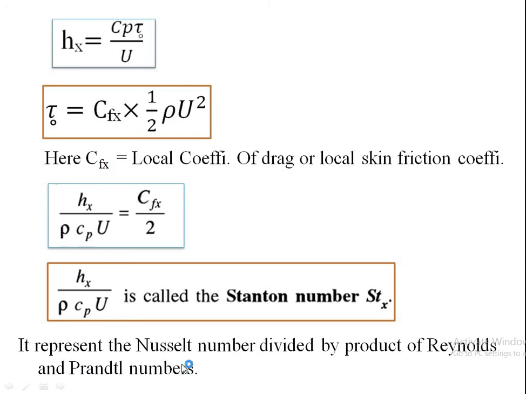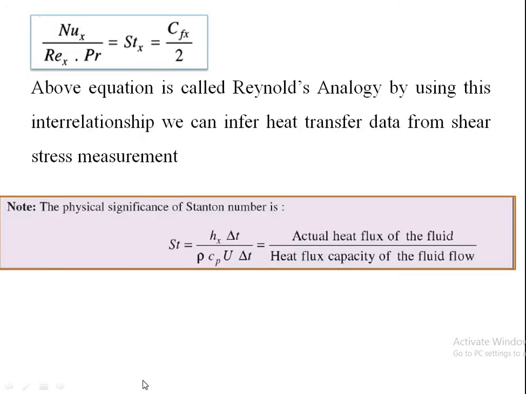So it represents the Nusselt number divided by the product of Reynolds number and Prandtl number. So the local Nusselt number, Nu suffix x, divided by local Reynolds number, Re suffix x, multiplied by Prandtl number is equal to the local Stanton number, so is equal to Cfx divided by 2. This equation is called the Reynolds analogy.